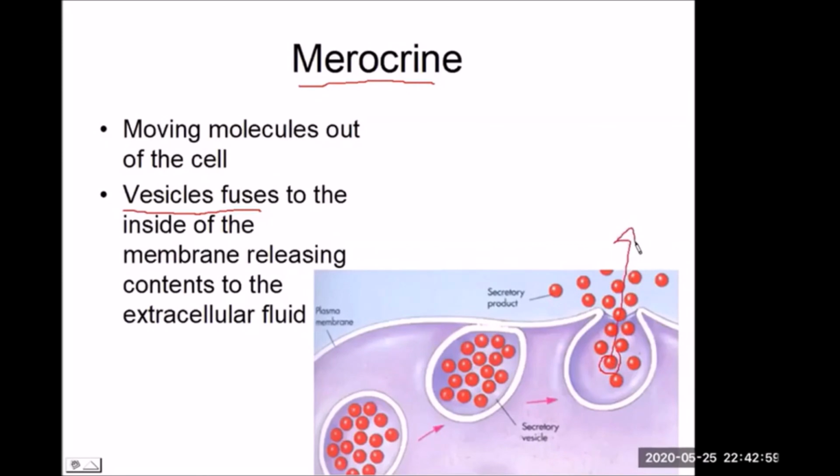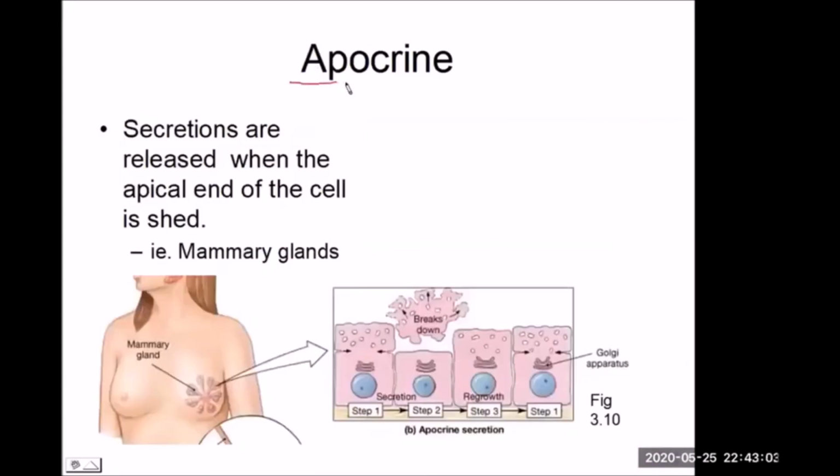A second way to allow for this release of product is with the apocrine secretion. In this mode of secretion, first there's a buildup of vesicles just near the apical end of the cell, closer to the surface. And once there's a buildup of multiple vesicles, then a large portion of the cell simply detaches. It's shed off.